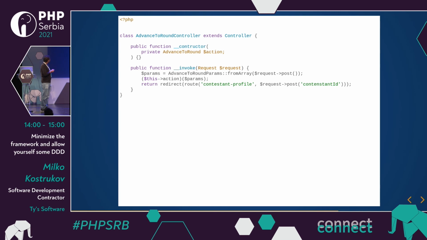So what we do is we inject the use case, the application service, into our controller as a dependency. It gets built by our dependency injector because we're using the framework the right way, and it's cool. We got dependency injection, that's really nice. And our invoke, because I told you why I like the invoke, well, it basically just takes the request, stuffs everything into creating the parameters object.